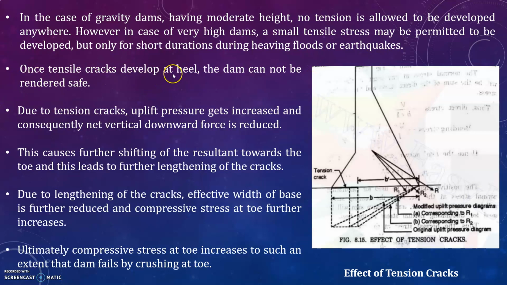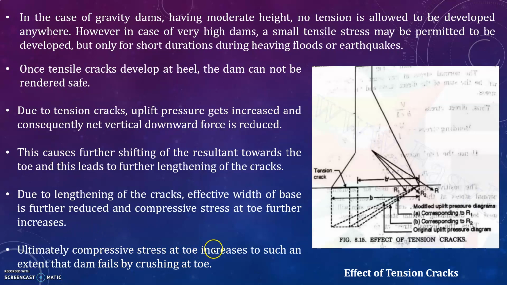Once tensile cracks develop at heel, the dam cannot be rendered safe. Due to tension cracks, uplift pressure gets increased and consequently net vertical downward force is reduced. This causes further shifting of the resultant towards the toe, and this leads to further lengthening of the cracks. Due to lengthening of the cracks, effective width of the base is further reduced and compressive stress at toe further increases.